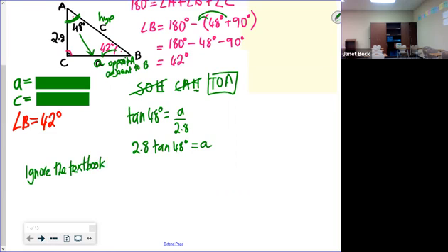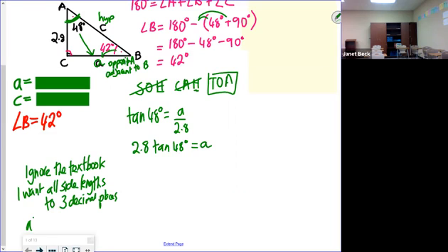I want all side lengths to 3 decimal places and all angles to 1 decimal place. And that's for this whole little mini unit.